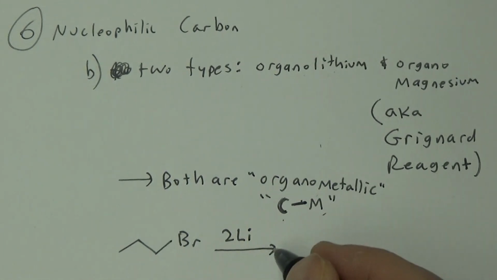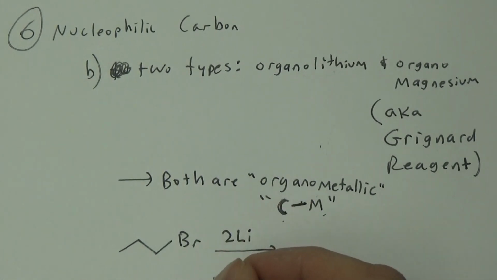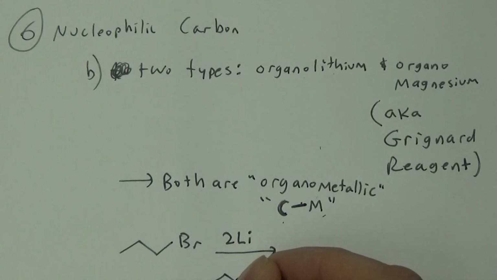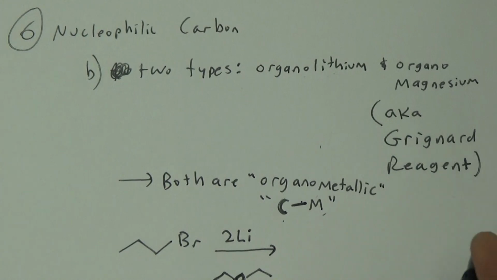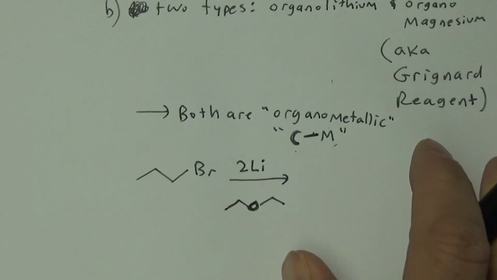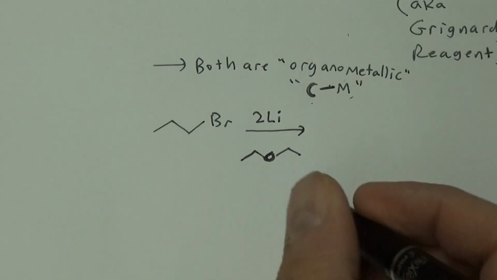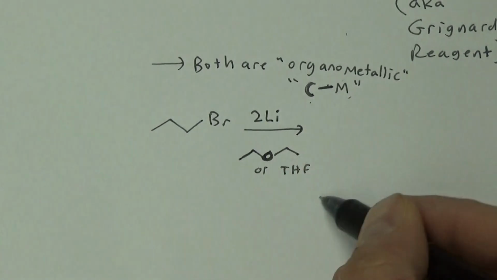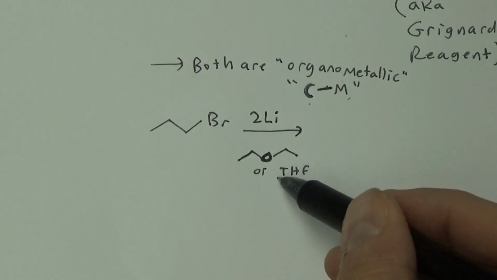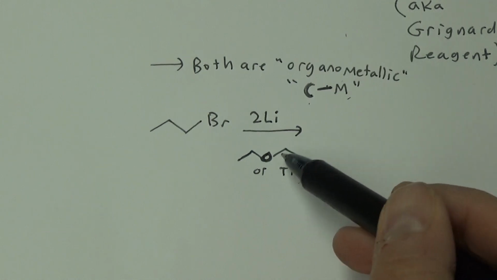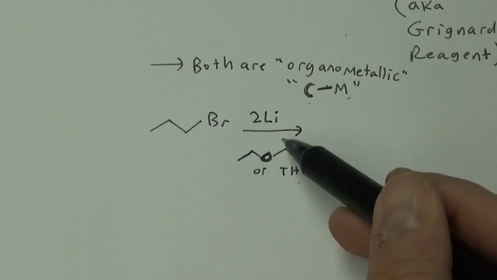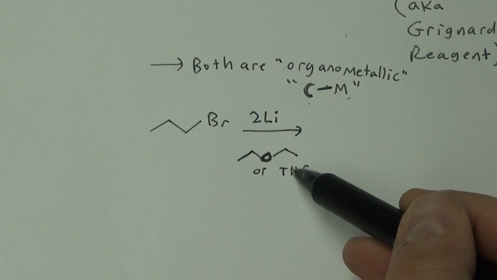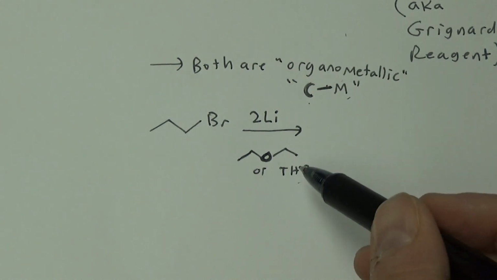This is how we make the organolithium reagent. And we use a solvent like ether or THF. Remember those? THF was the 5-member ring with the oxygen. So this is an ether, diethyl ether, right? Ether or THF. They're actually both ethers in terms of the chemical structure.